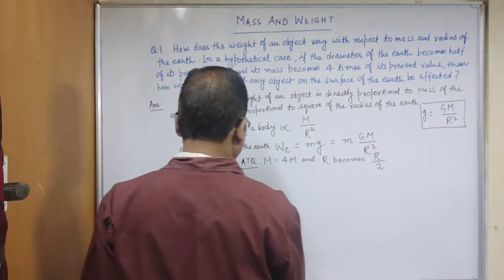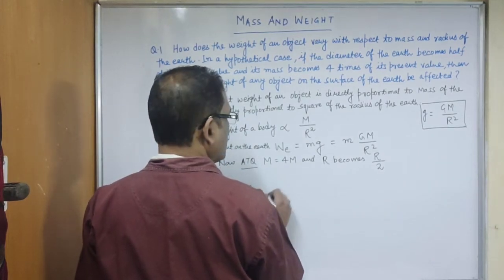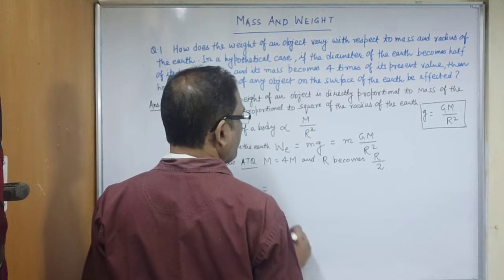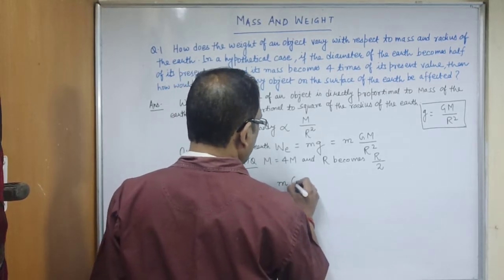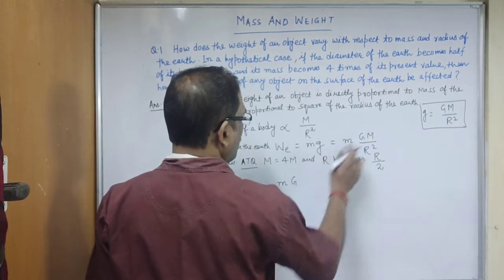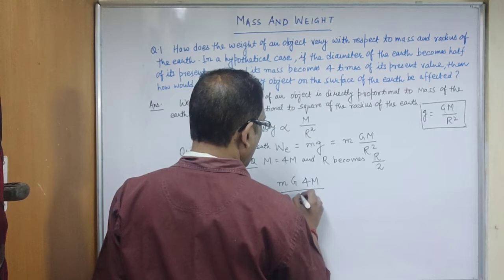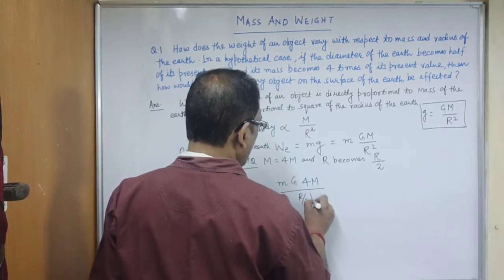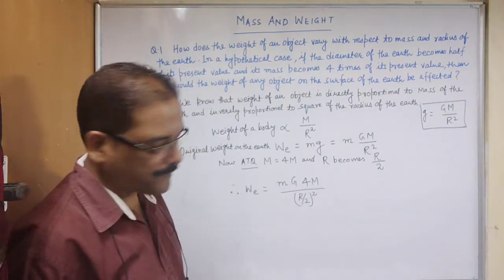Therefore weight of object on the earth will be mg. In case of this M, we will write now 4M and R by 2 whole square, isn't it?